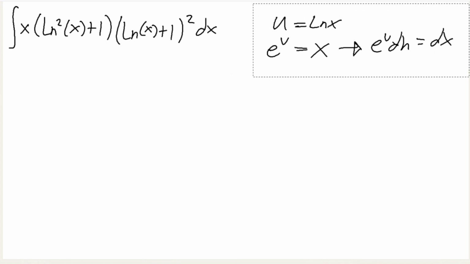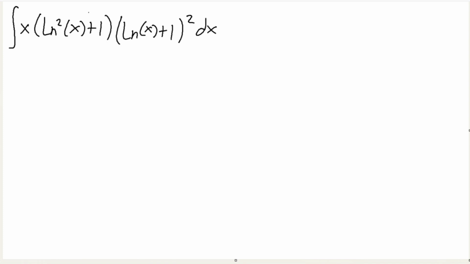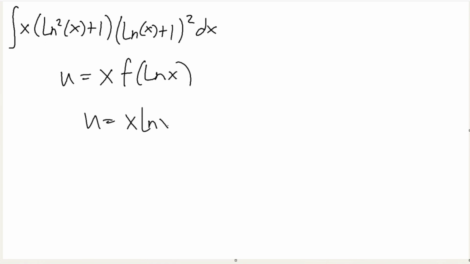Anyways, if you ever see x times a bunch of ln functions, try this. Let u equal x ln of x, or obviously not, but you can try x squared or this, and then see whichever works that fits the du. Okay, so this is my biggest advice here.